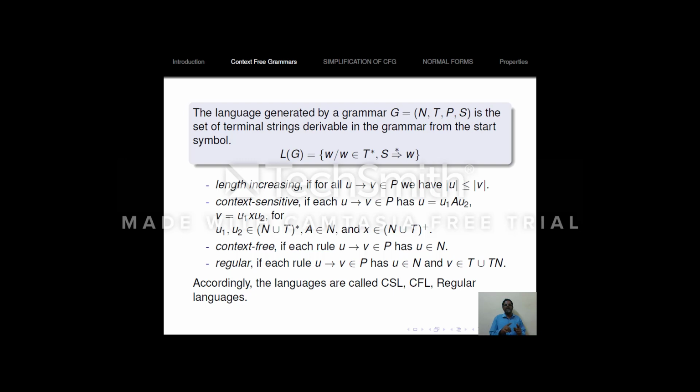The only thing is a replacement: instead of A we have X.